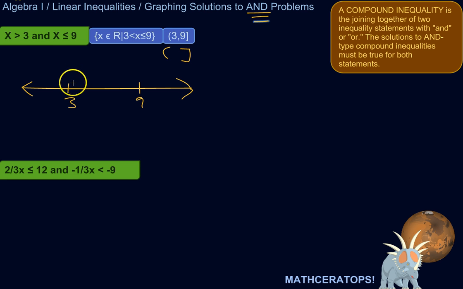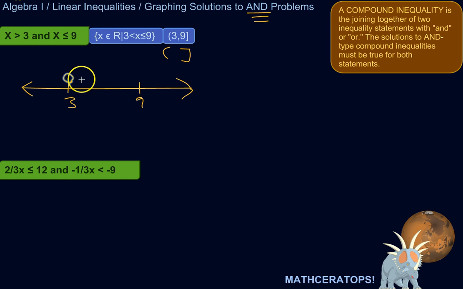I'm going to start with 3. Do I fill in the circle or not? No, I don't, because it's greater than 3. It doesn't include 3. So I'm just going to draw an open circle like that, which is saying 3.00000000002 would count, but not 3.